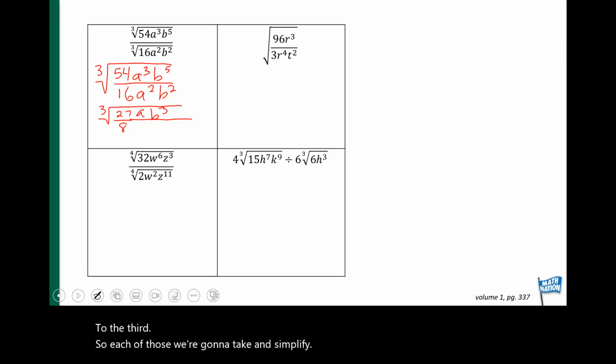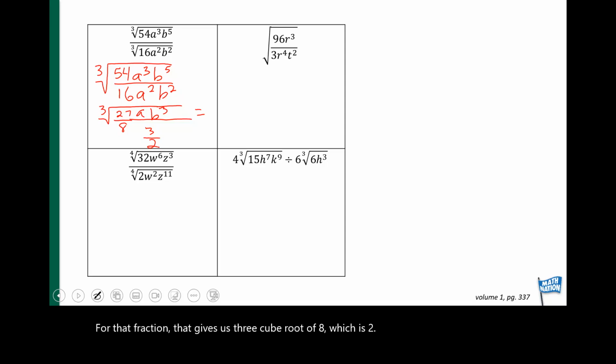So the cube root of 27: what number times itself 3 times gives you 27? That would be 3. So getting rid of the radical for that fraction, that gives us 3. The cube root of 8 is 2. Now, we can't take the cube root of just a.